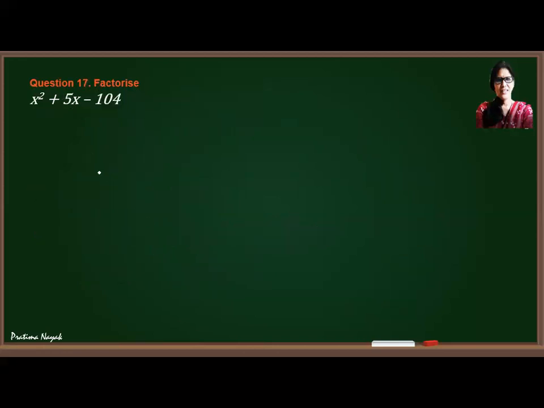Next, question number 17. It is a similar question. C is negative here, x square plus 5x minus 104. You can pause the video and do it yourself. You have to think of two numbers whose multiplication is 104, and the same numbers when subtracted give you 5.